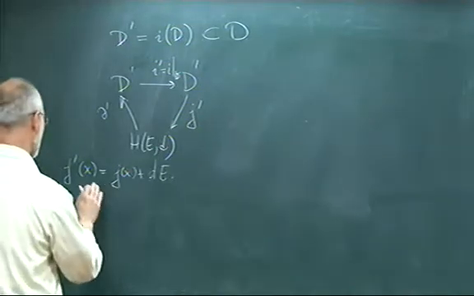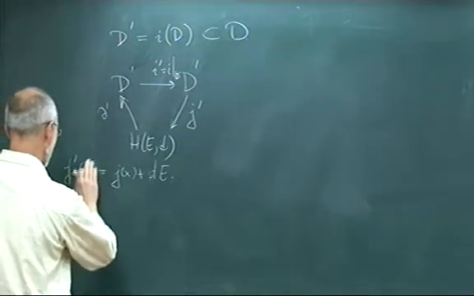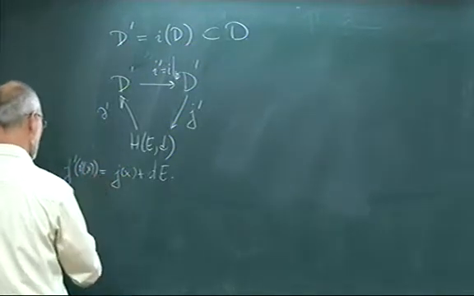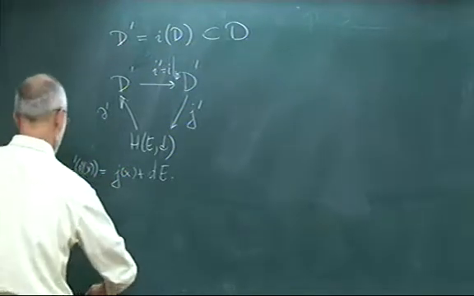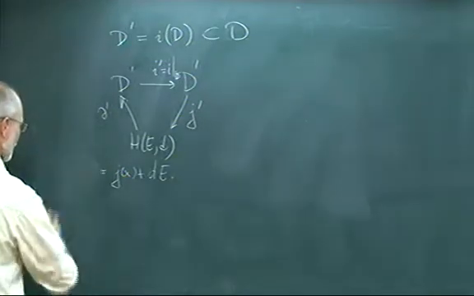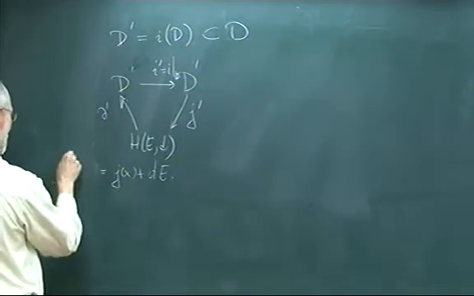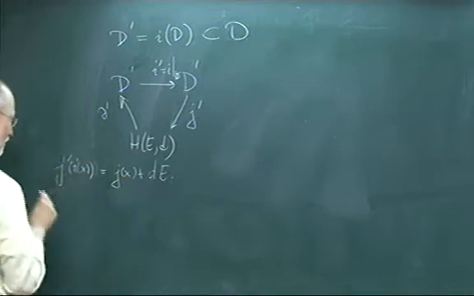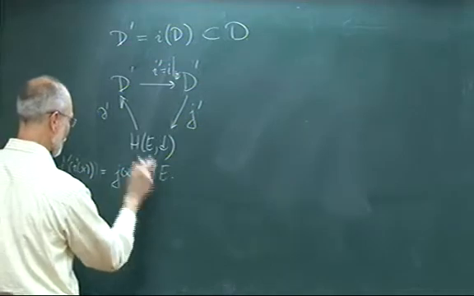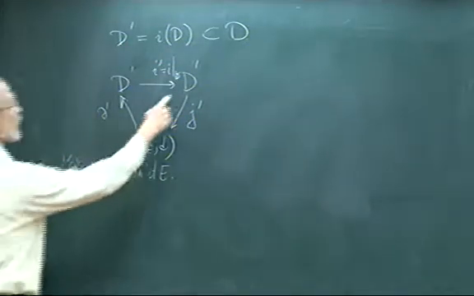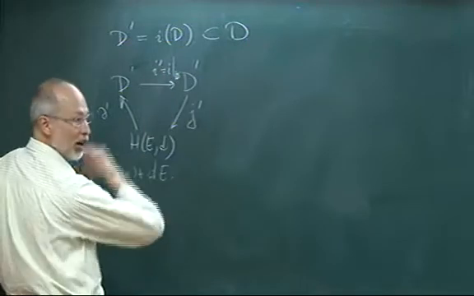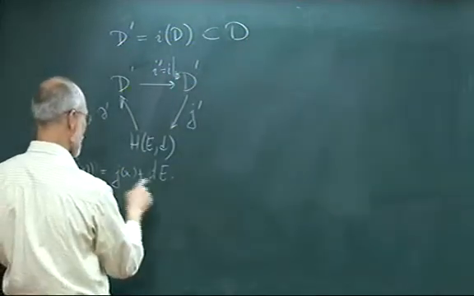This is J prime. Yes, this is J prime of I of X will be J of X plus D of E. So here I must take something which is in the image of I, and then I apply J to it.